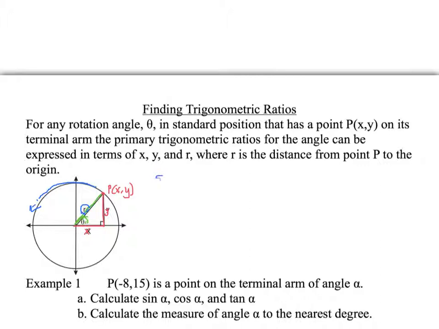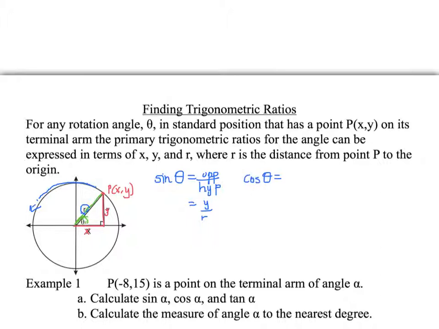So, looking first at sine theta. Sine theta, we know from before, is the ratio of the opposite side to the hypotenuse. So looking at our diagram, opposite to angle theta, we have side y, and our hypotenuse, of course, is labeled r. So sine theta equals y over r.